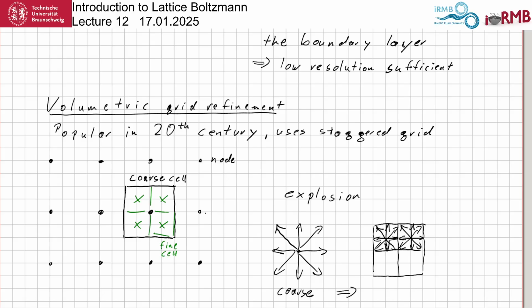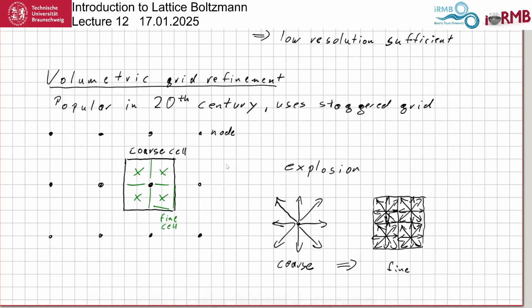They just split up these populations, and they do something very, very simple, namely they say that F_ij fine is equal to F_ij coarse divided by 4, of course in 2D, otherwise divided by 8.